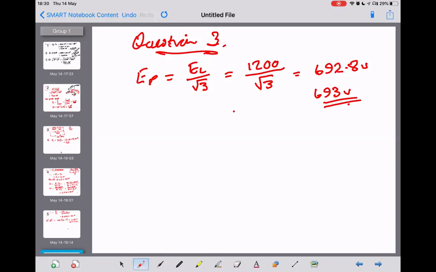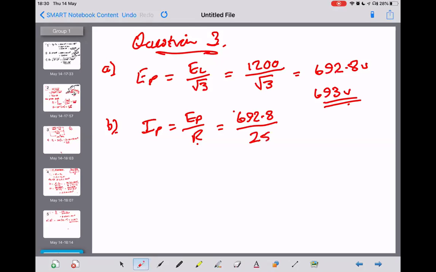Obviously it says that the line resistors are 25 ohms for the next part. So this is part A, this is part B. For the phase current, IP, I've done EP over R. So I've got 692.8, or 693 in your case, over 25.